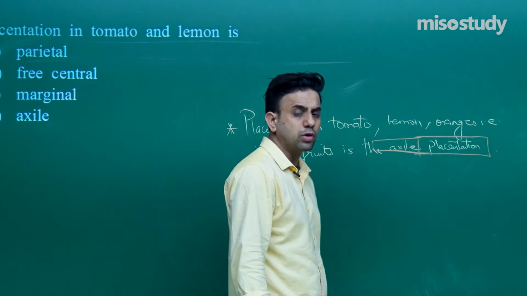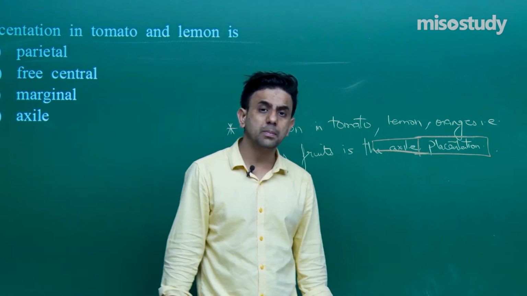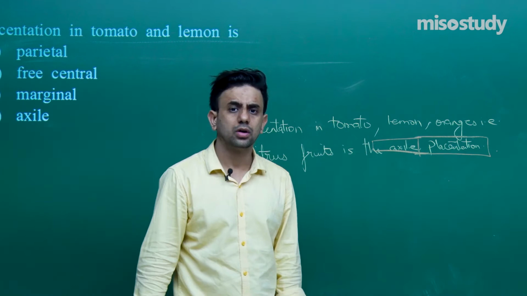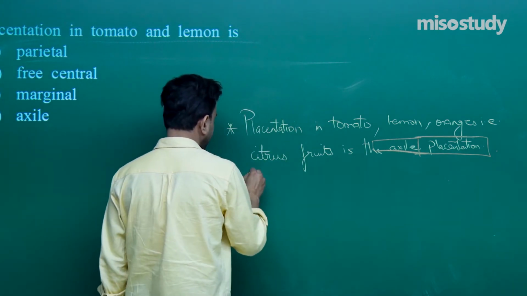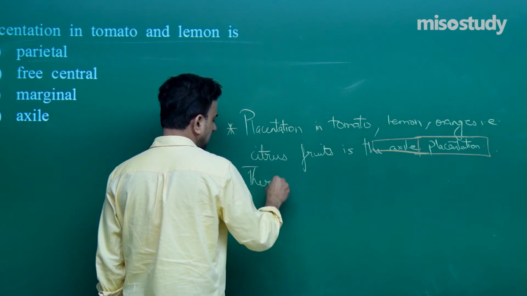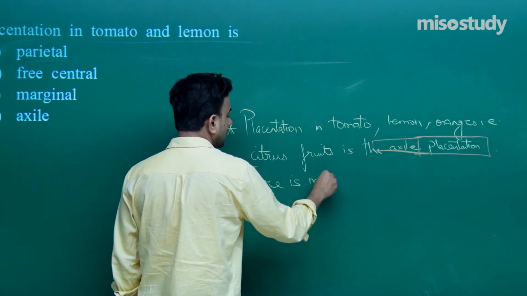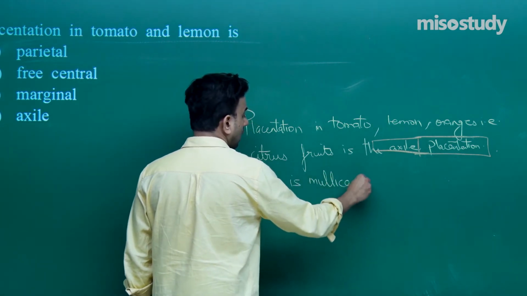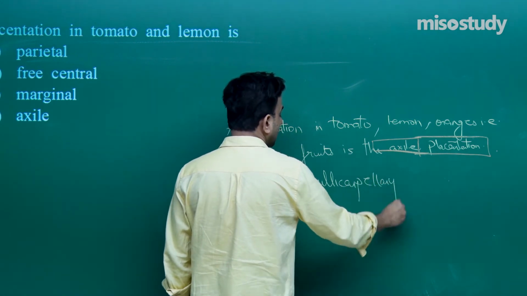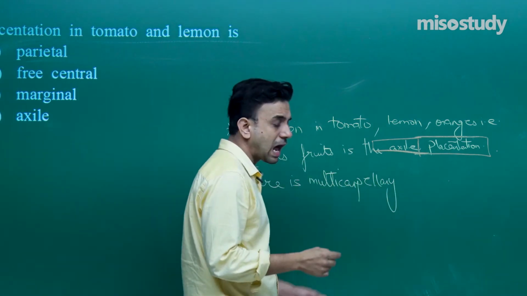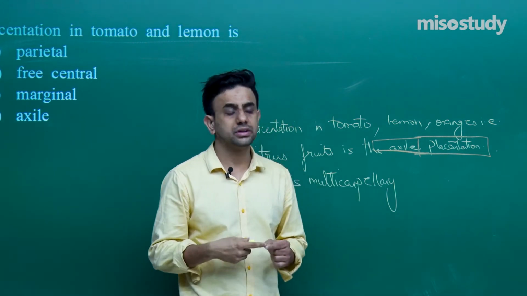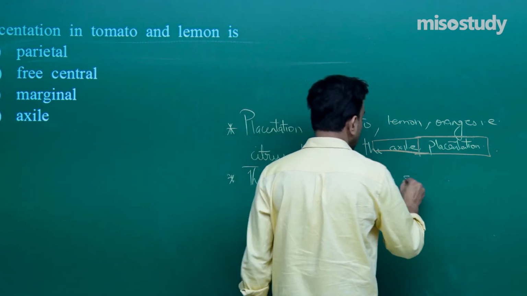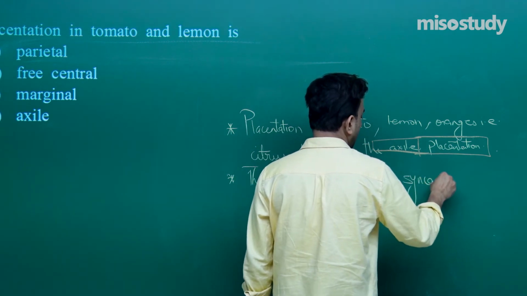Now, what we see here is a multicarpellary syncarpous condition, right? Multicarpellary syncarpous ovary condition. Multicarpellary means many carpels are there and they are fused.